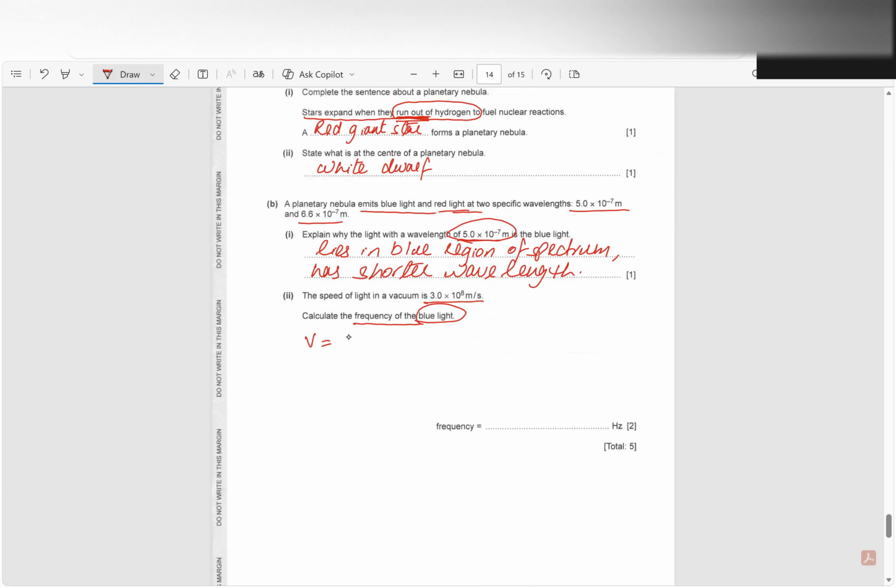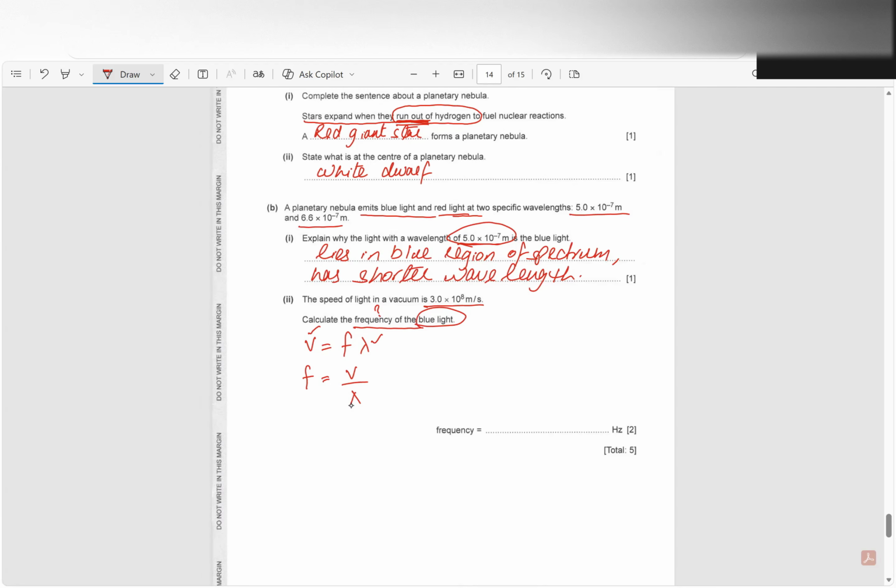v equals f lambda. We have to calculate frequency, and we have the speed, which is 3 into 10 raised to the power 8 meter per second. And we also have the wavelength of blue light, which is 5 into 10 raised to the power negative 7. So let's make f the subject here. We're going to be left with v over lambda.